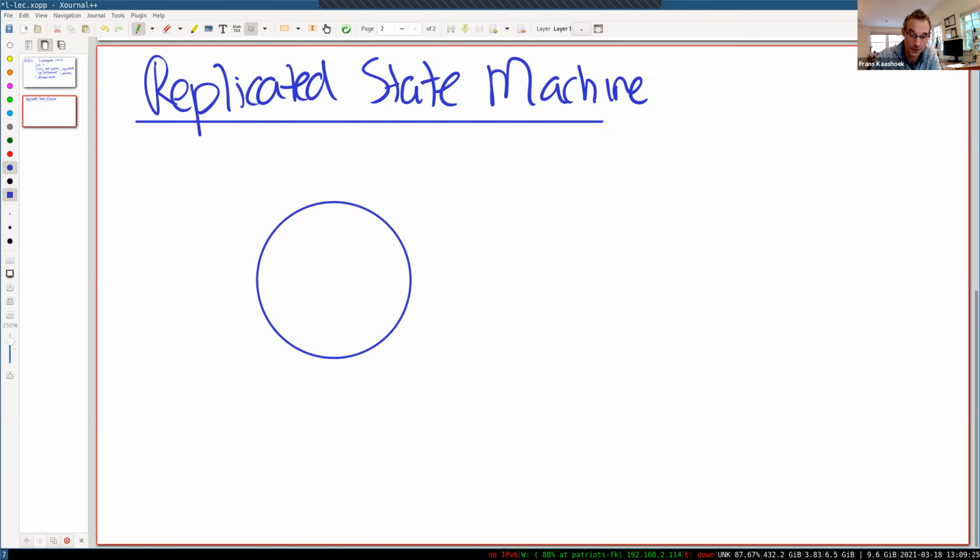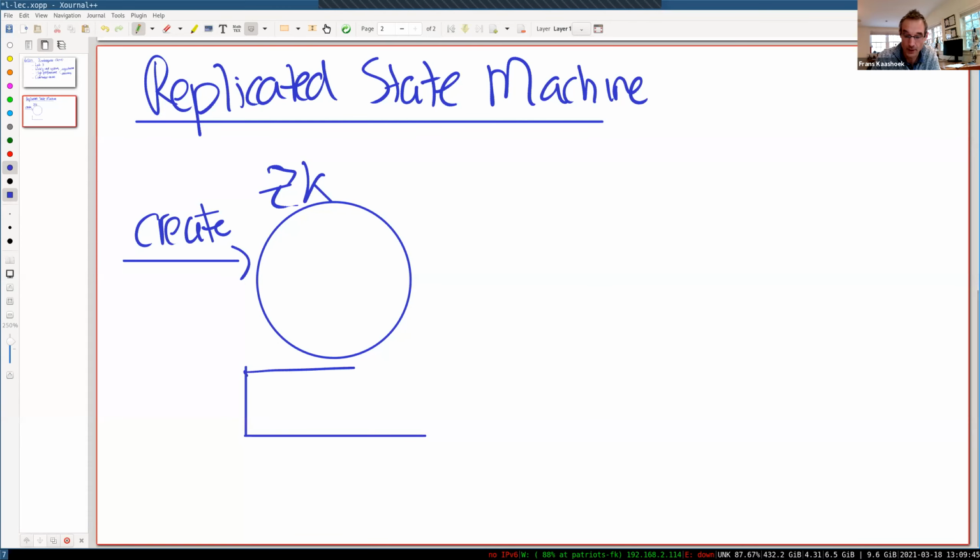We have some service, in this case it's going to be Zookeeper, ZK. It receives requests from clients, say create a znode, and to distribute these operations, it has a separate library. Think about this as the Raft library, but in their case it's called Zab.